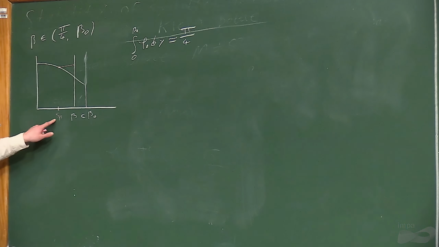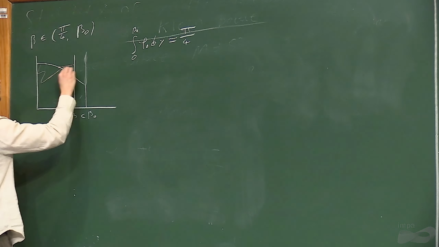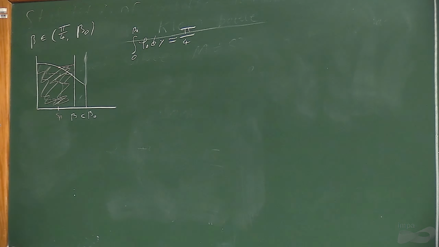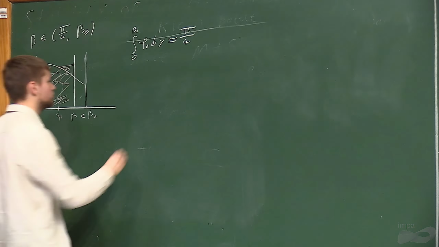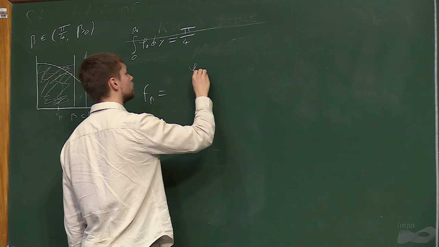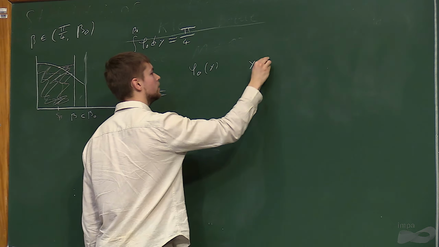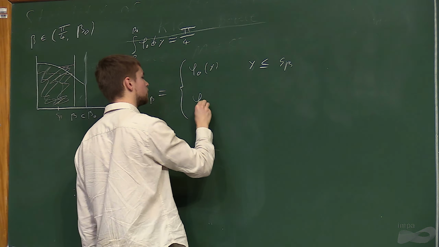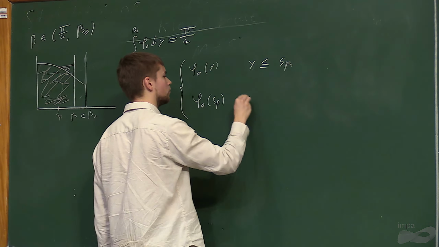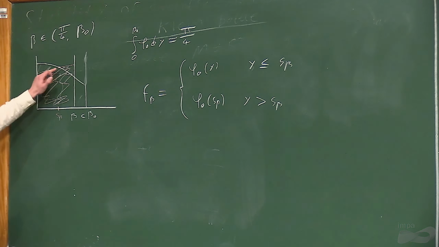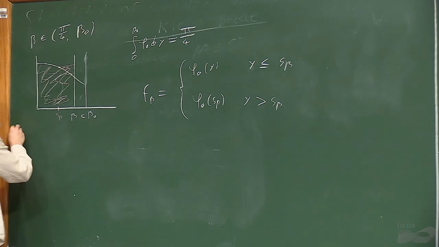And if we choose this value s beta correctly, such that this total area is equal to pi over 4, then this is the definition of the function f beta in this case. So f beta will be equal to phi 0 of y for y less than or equal to s beta, and just phi 0 of s beta for y bigger than s beta. And again, this function is only continuous and not smooth at this point.